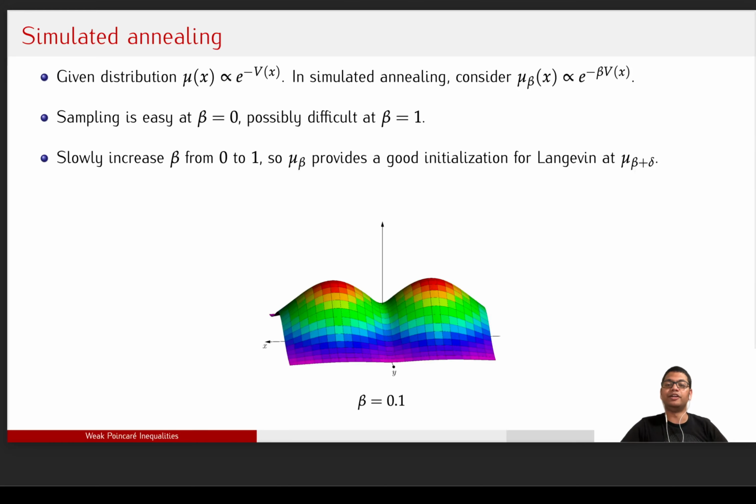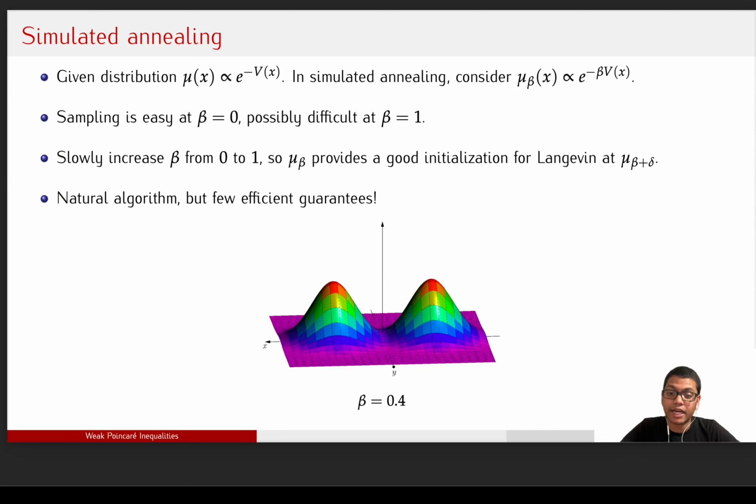But now let's say you start with a sample from mu beta for beta being 0.1, and then slowly increment beta. Then you get distributions where the two modes are more and more separated, and worst case mixing is likely not going to be true. But since you initialized at a distribution which puts equal mass on both modes or around both modes, you would hope that running the Markov chain still nevertheless samples from this good initialization.